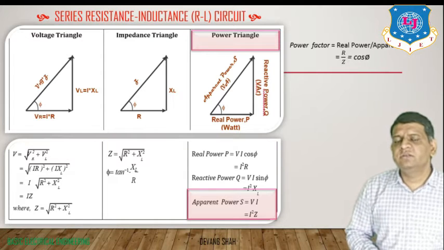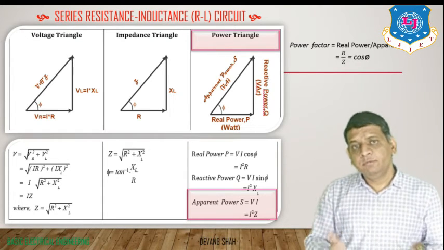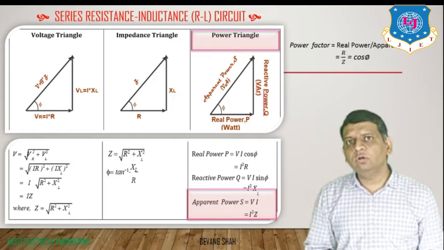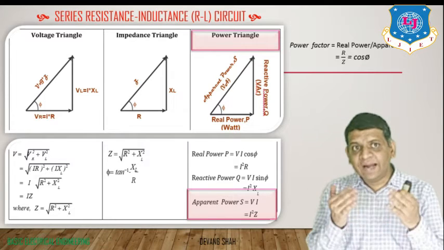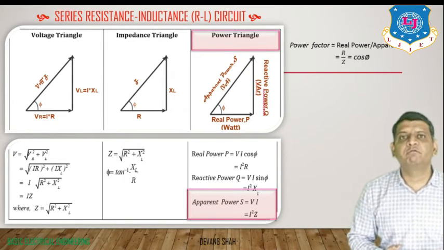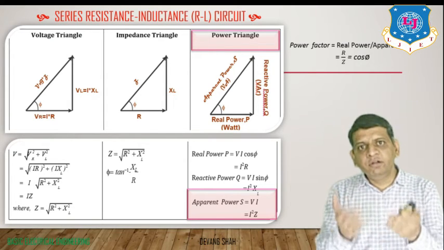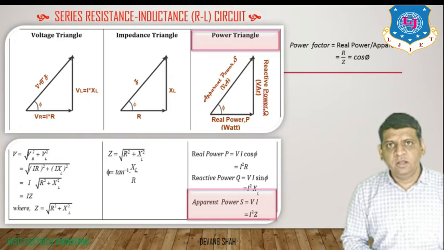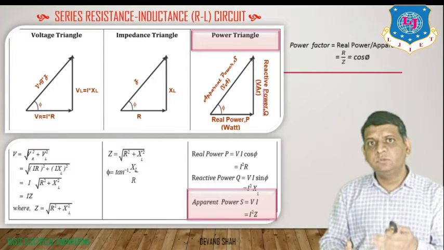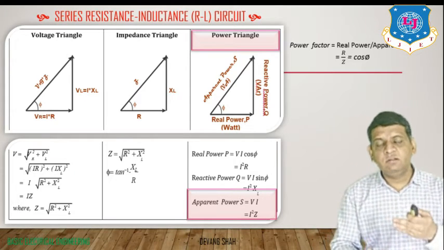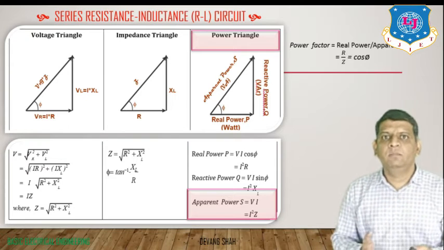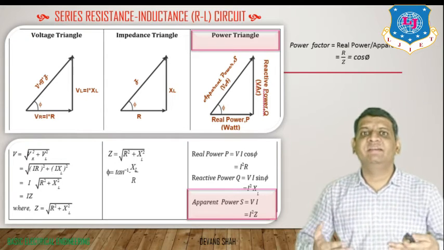My first term is real power. Before that, we have to find the overall circuit efficiency of this RL circuit, and that circuit efficiency we define as the power factor, which is defined as the ratio of real power to apparent power. Real power is the power consumption across the resistance, and apparent power is the overall circuit power. So in another sense, it is called circuit efficiency.